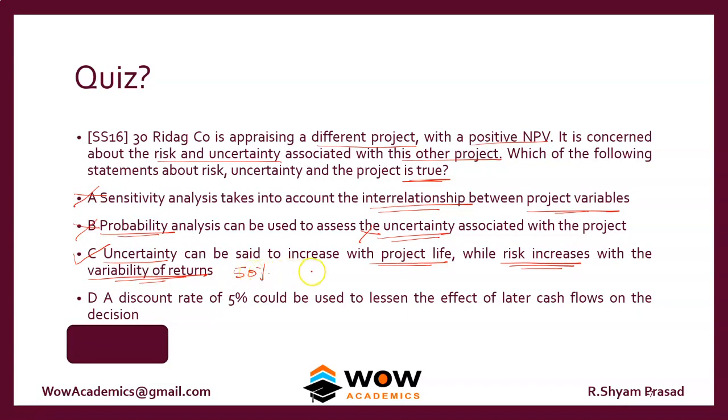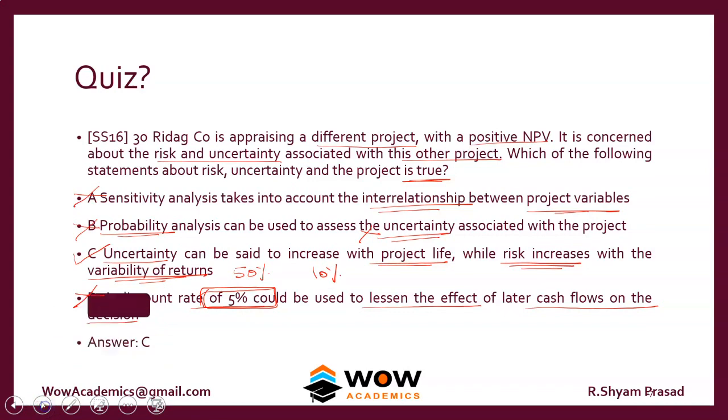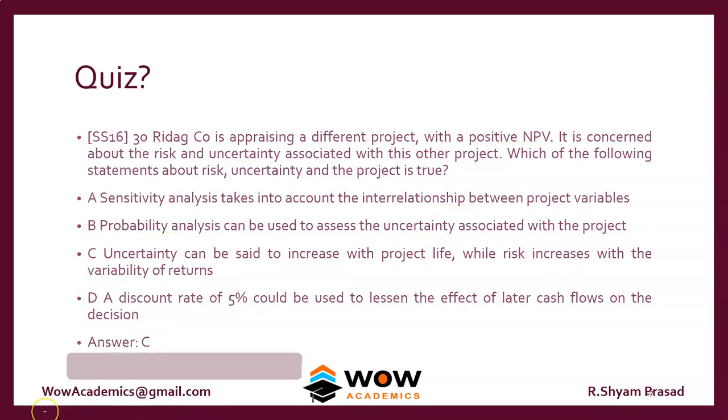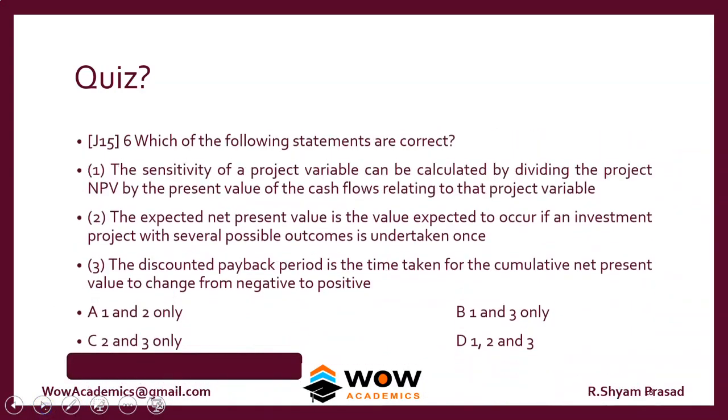If the variability of returns is 10%, then the risk is 10%. So this is right. D, a discount rate of 5% could be used to lessen the effect of later cash flows on the decision. This statement doesn't seem to be quite right at all. So we'll mark it as wrong. So we'll see the answer. The answer is C.